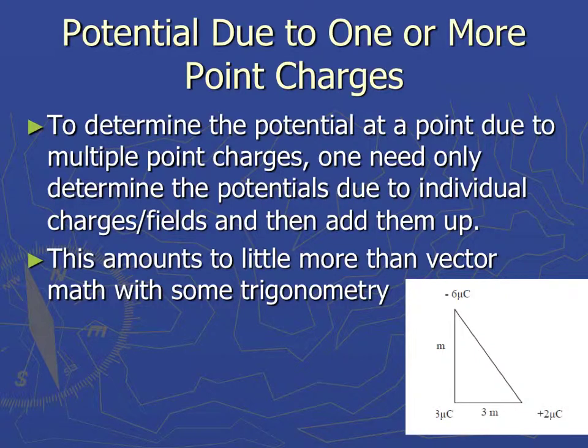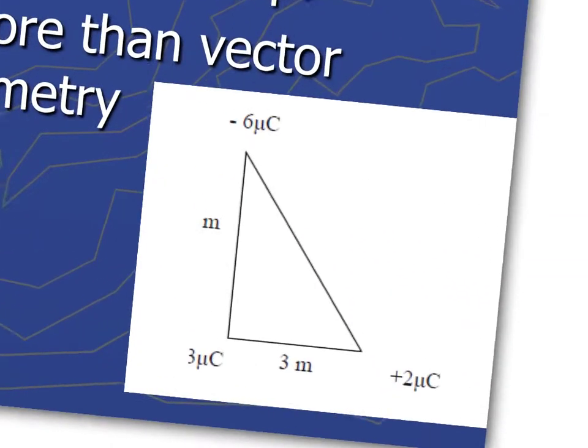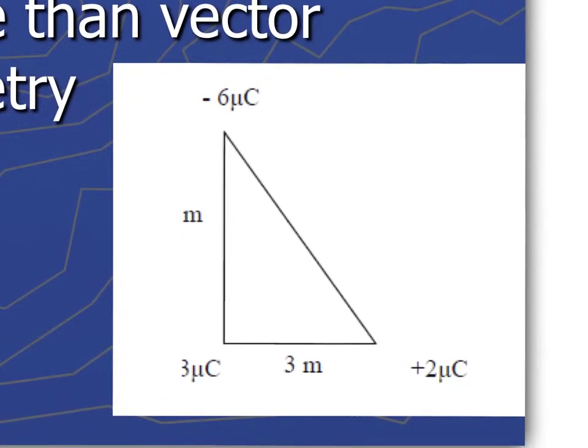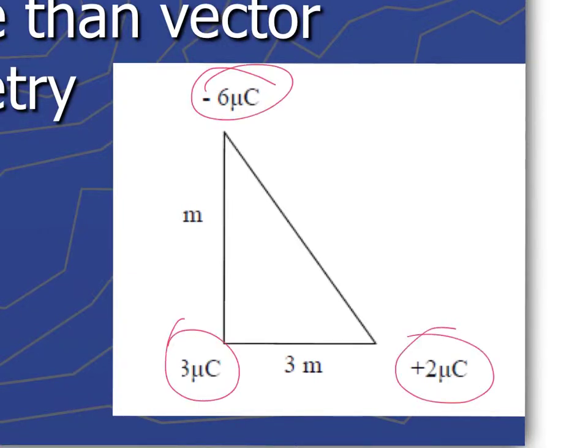Then the next section here is potential due to one or more point charges. When we're finding potential due to one or more point charges at any given point, it's simply, again, adding them all up using vectors. So if we have three charges, negative 6.3 microcoulombs, positive 2 microcoulombs, we can find the electric field, and say we want to find it here.